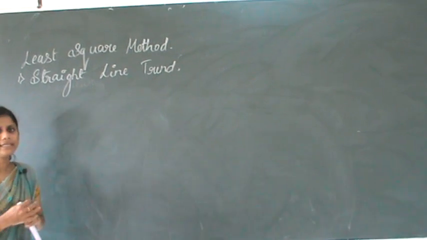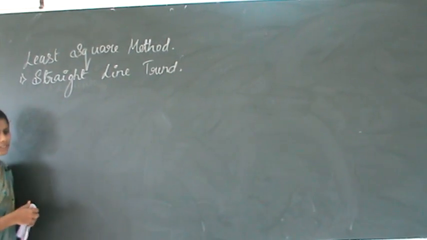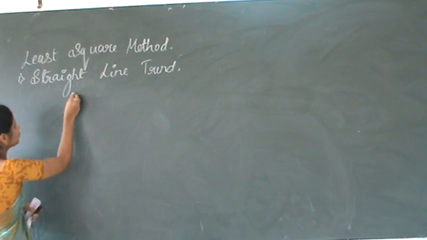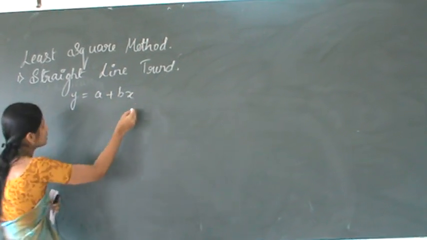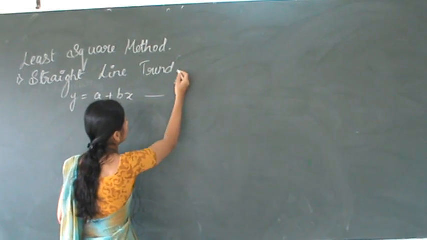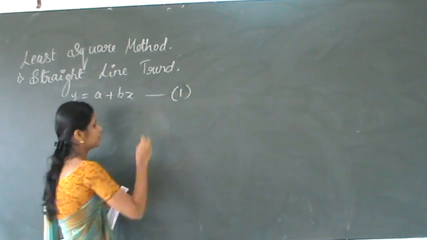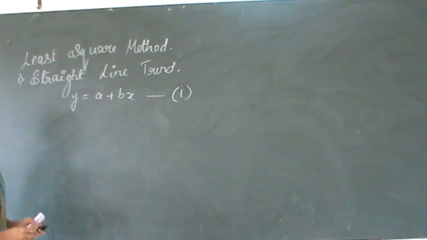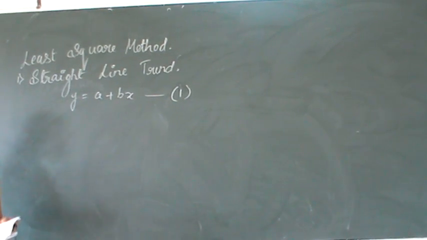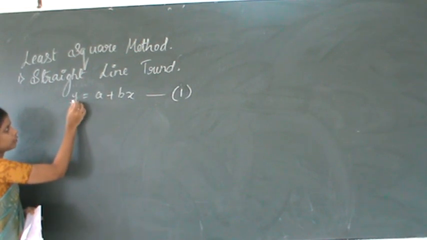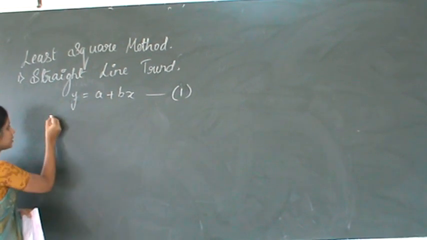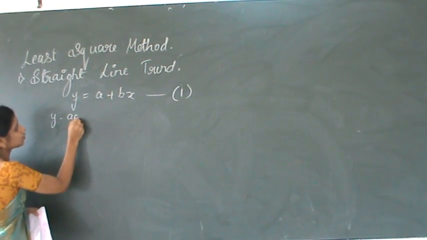See, a straight line is represented by the equation y is equal to a plus bx. This is the first equation under the straight line trend method. Here y is the actual value given in the question.